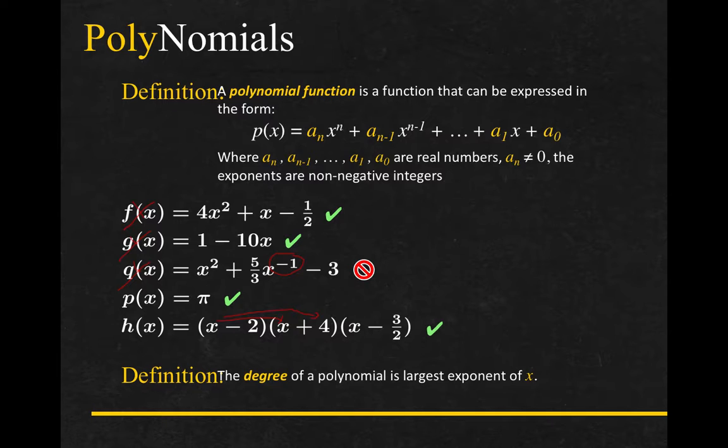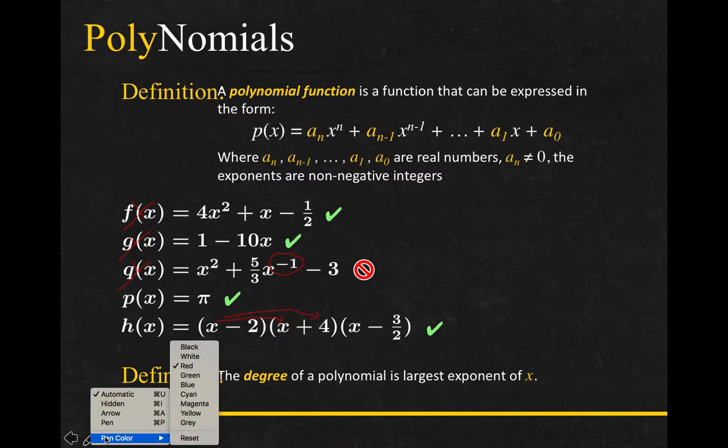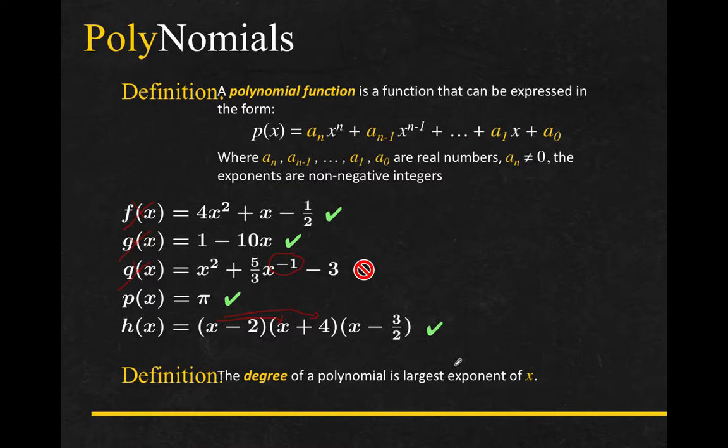Now, looking at what degree a polynomial is, I have to look at the largest exponent of x. Let's look at the first one. The exponent here is a 2, the exponent here is a 1, and this doesn't have any exponent. So what's the largest exponent? It's a 2, right? Since it's the largest exponent, we say it's a degree of 2.